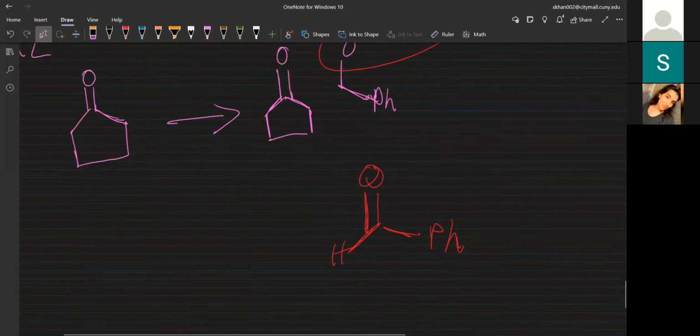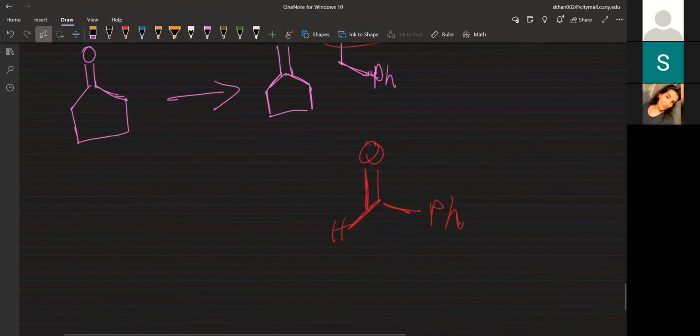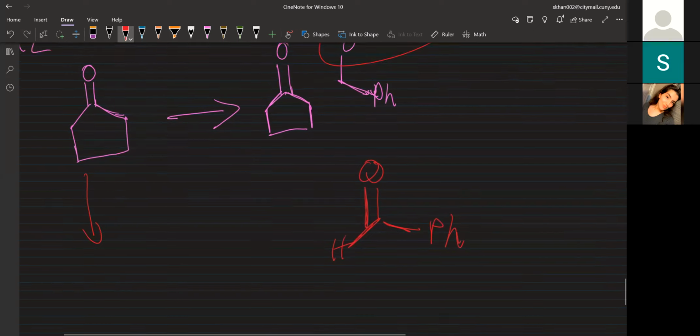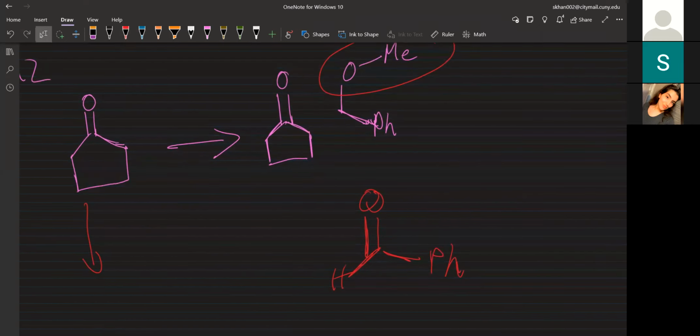that occurred, right? So the first step, you could use any base. You should be fine with using NaOH, LDA, NaH. I personally just like using NaH for the aldol type reactions. I think you guys should probably just stick with NaOH if you can. I guess NaOH is fine too.